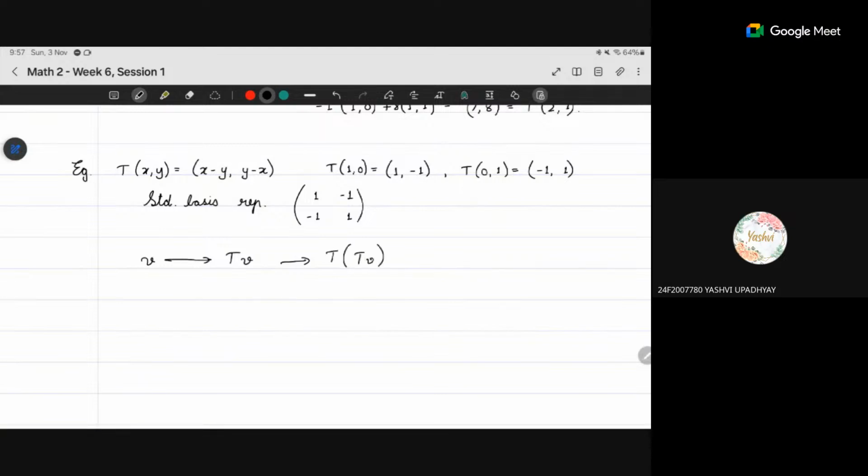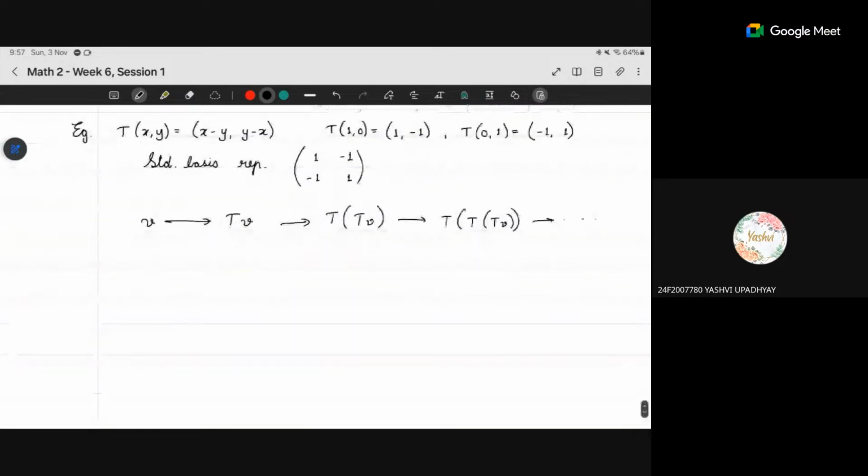Since we are in R2 to R2, if I take a vector in R2, I operate T, I get another vector in R2, I can operate T on that again to get T of T of v, and so on. And there are recursive processes which depend on transformations like this.